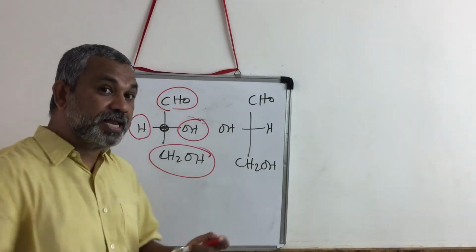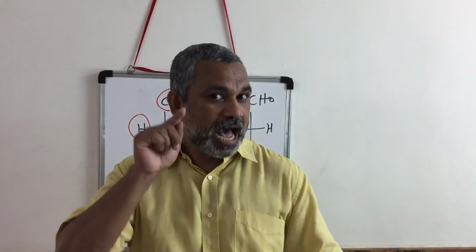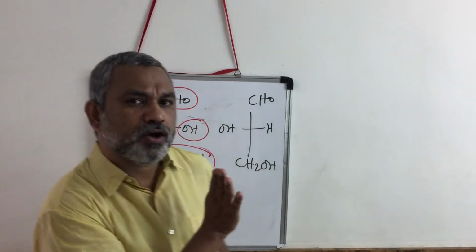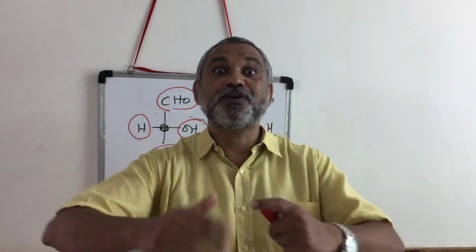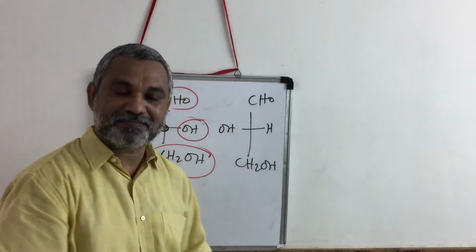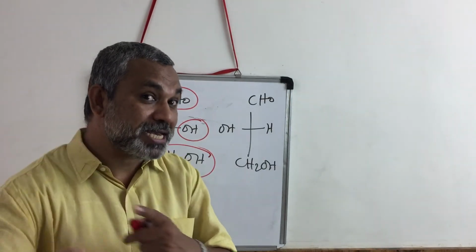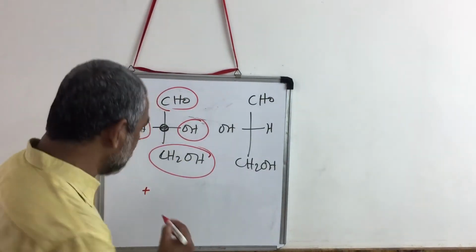So when plane polarized light hits this molecule, the asymmetric carbon atom will rotate the plane of the plane polarized light. So it will give optical isomerism. So you have two examples. If it is rotating the plane to the right hand side, we represent it by a plus sign.